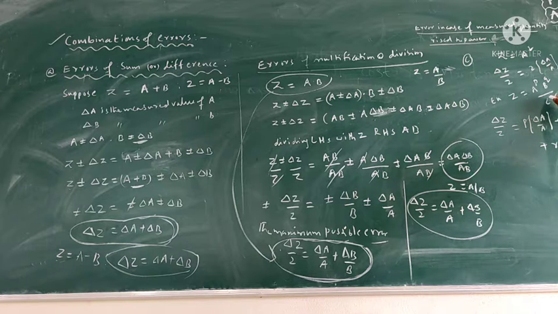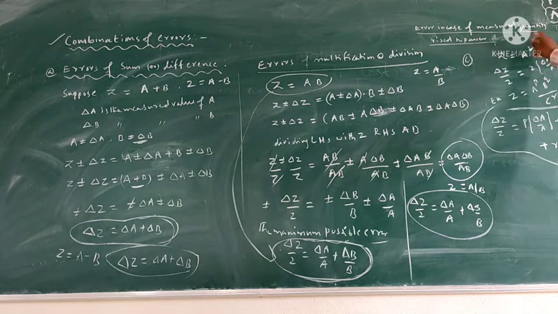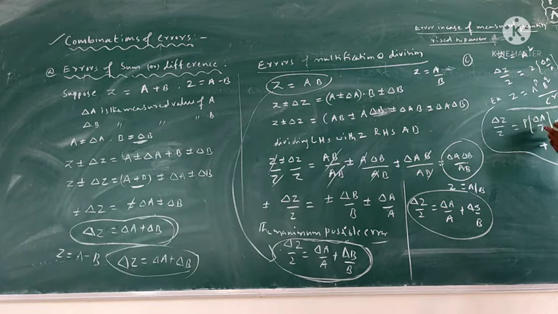So c is in the denominator, even though we write here plus r into delta c by c. Okay, so z is equal to a power p, b power q, c power r. So the maximum possible error in the case of a quantity raised to a power is power into delta a by a, the relative error, plus q into delta b by b, plus r into delta c by c.